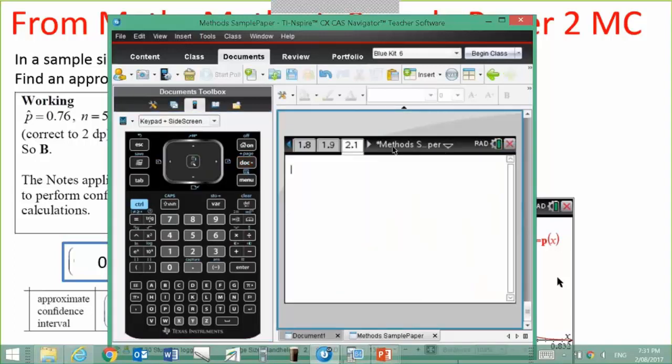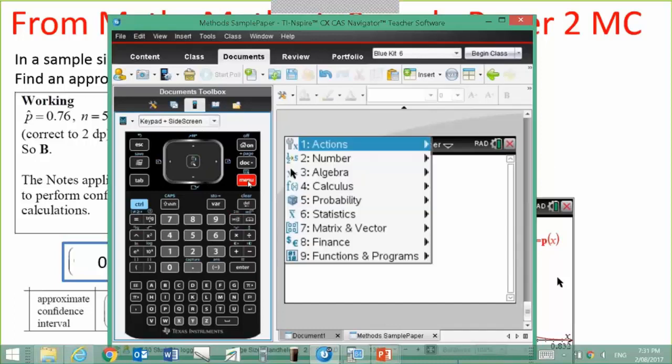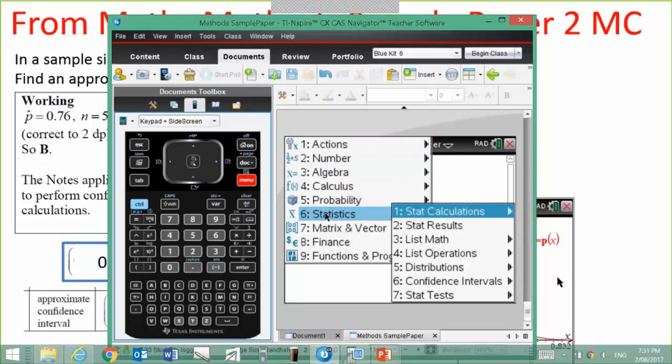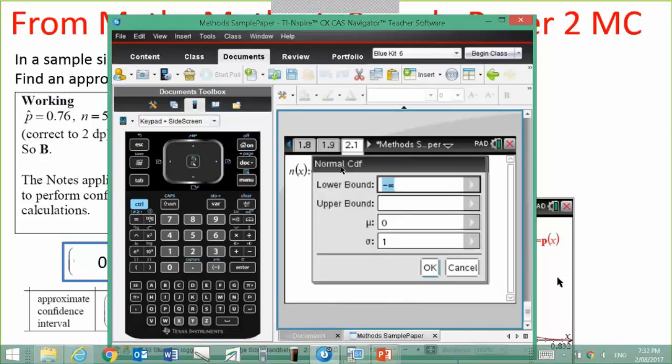Okay, so on a calculator page, I set up, so let's say it's the normal distribution that I want to show. I'll go n of x is assigned to be, and here's the trick, go into the menu and go to the distributions, and what I want is a normal CDF, okay?